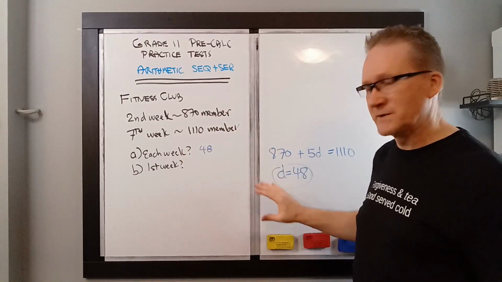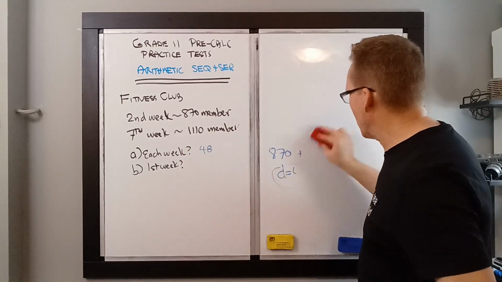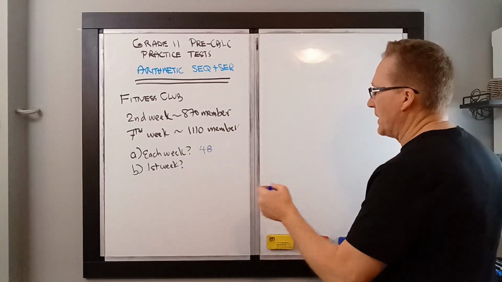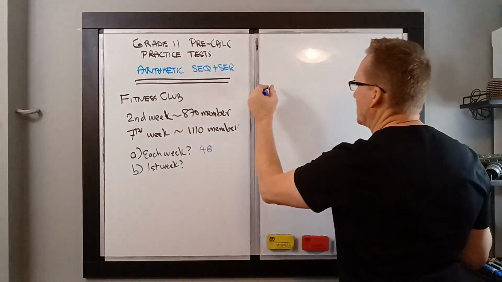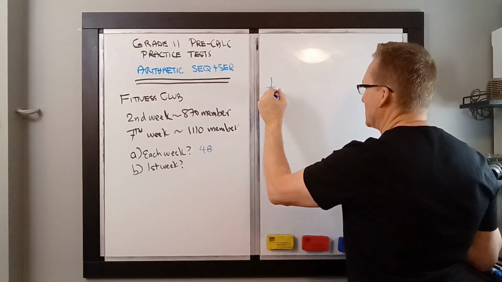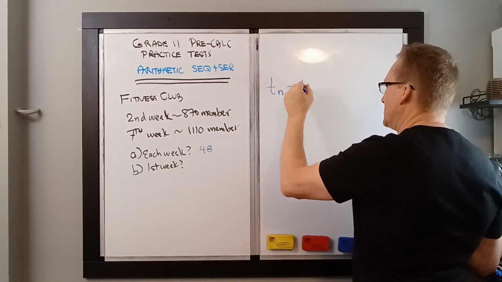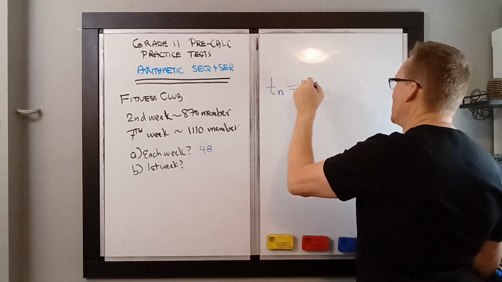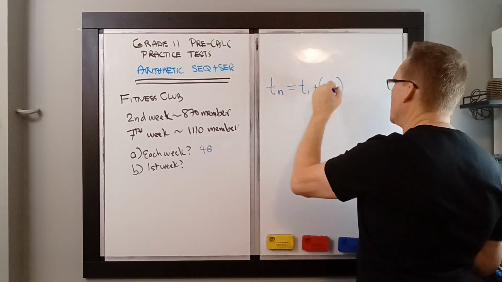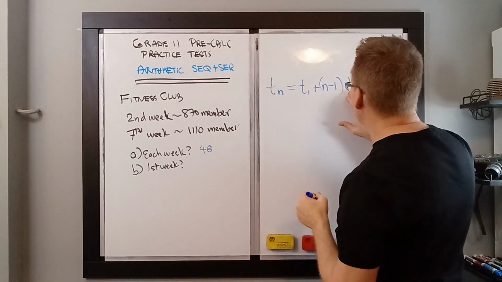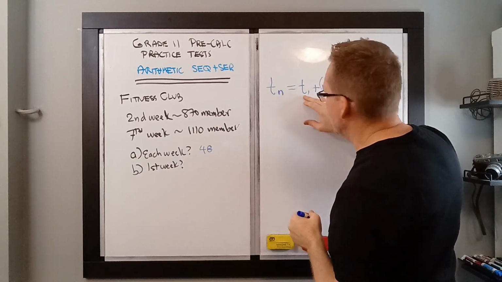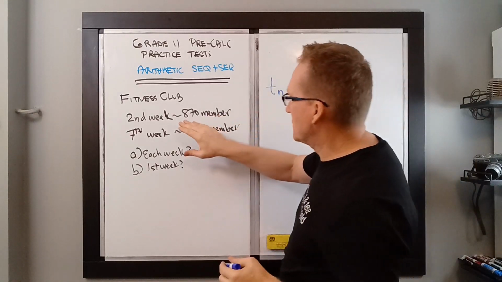So let's now do this through a mathematical way as well. Once you have this, we can use our formulas. Tn is equal to T1, the first week, plus n minus 1 times D. We're looking for D. We don't know what D is. We don't know what T1 is. But we do know a couple of things.